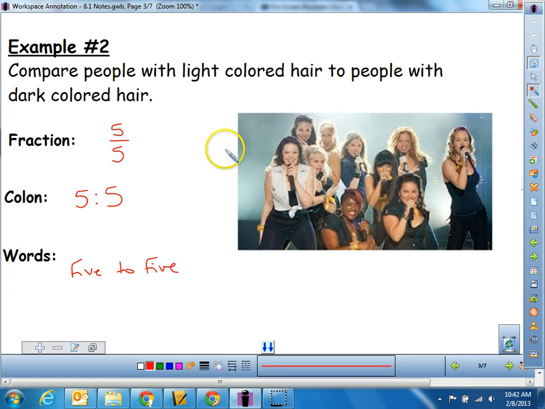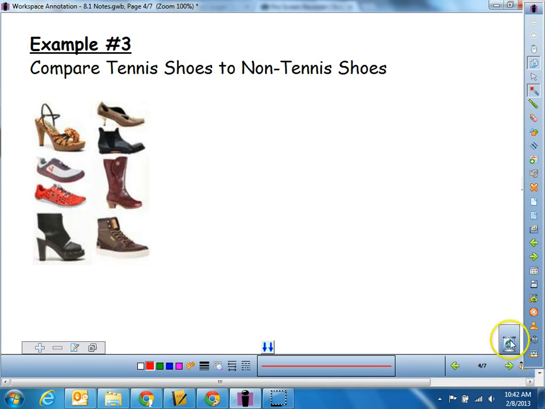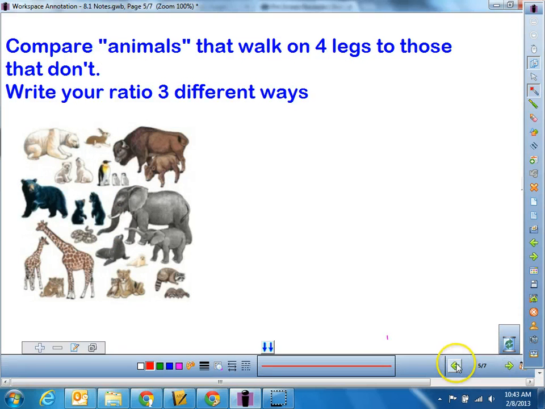So that's how we compare 2 different things that have the same unit. We're talking hair here, so light hair versus dark hair. So therefore it fits as a ratio. Let's try it again. Tennis shoes to non-tennis shoes. Write it 3 different ways. All right, perfect.